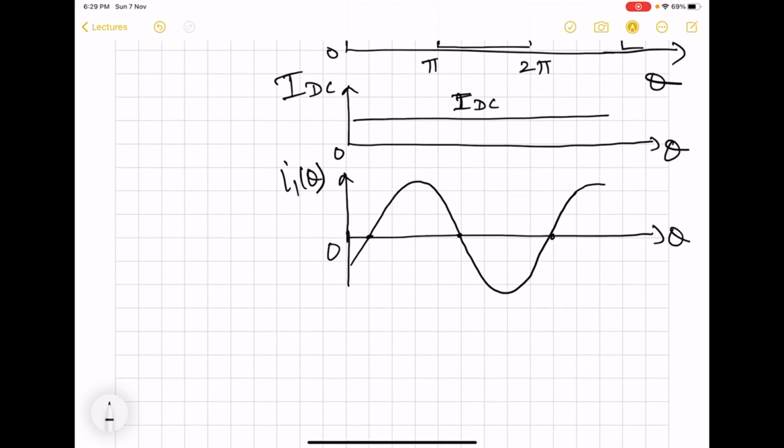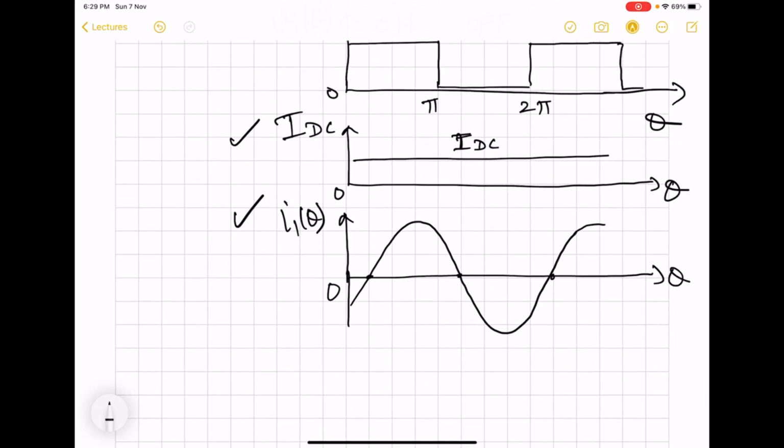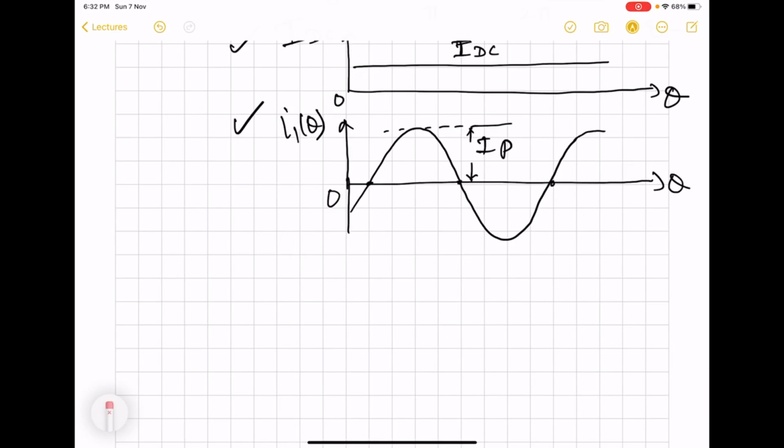The total current is going to be the sum of the DC current and this sinusoid, and here we will have the amplitude IP. Now we draw the total current, which gets divided between the switch and the capacitor.